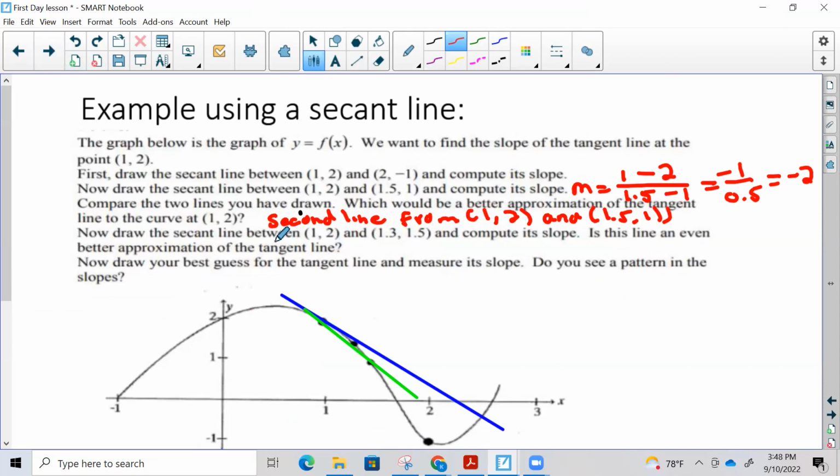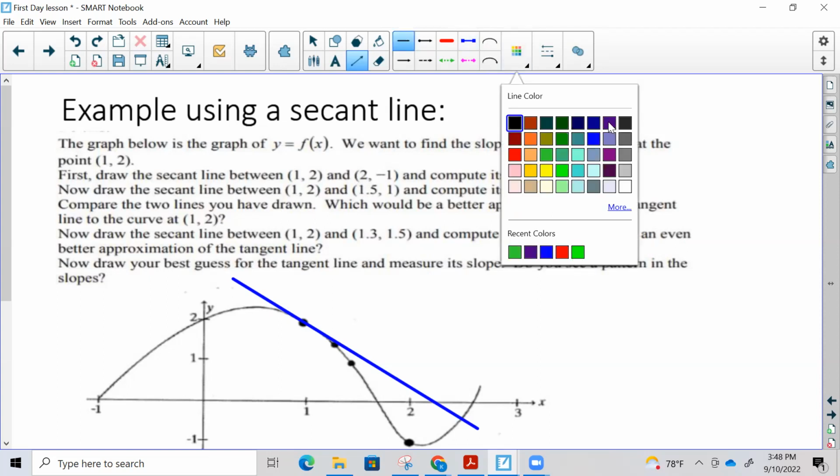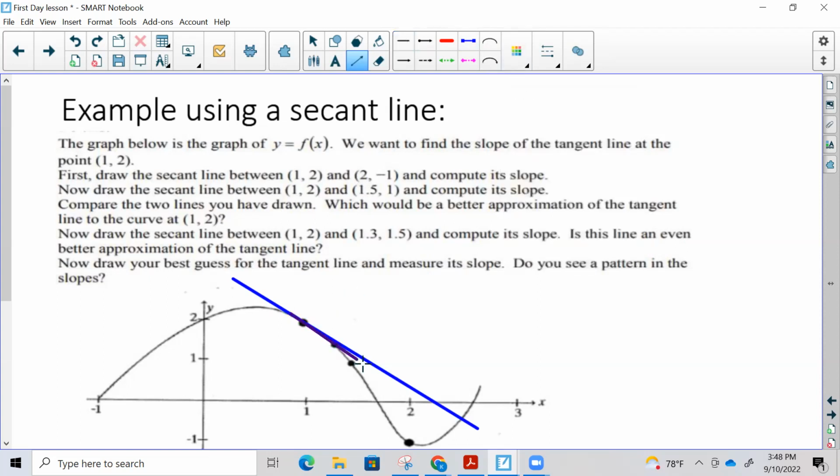But what if we pick a point even closer? So let's draw a secant line between (1, 2) and (1.3, 1.5) and find that slope. So we'll draw a third line between these 2 points.